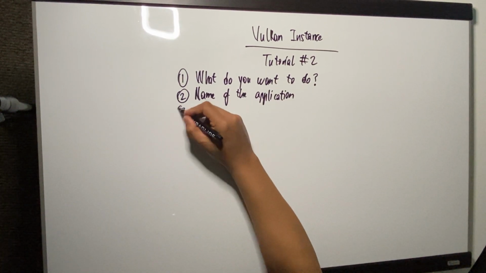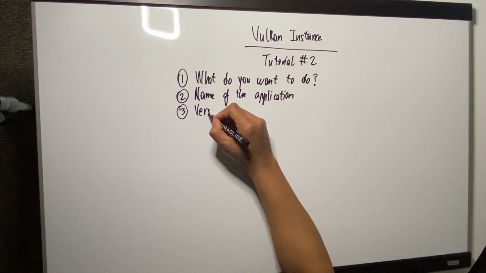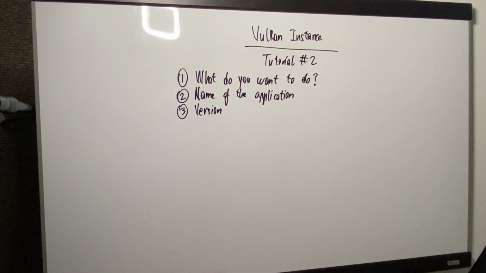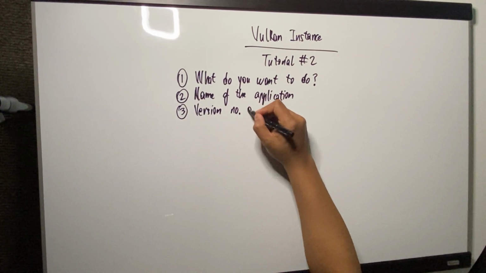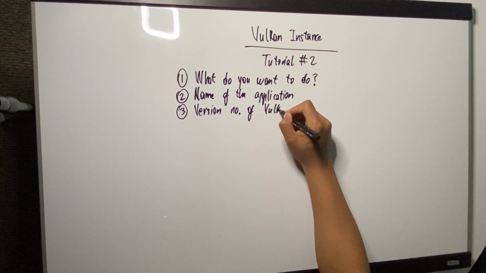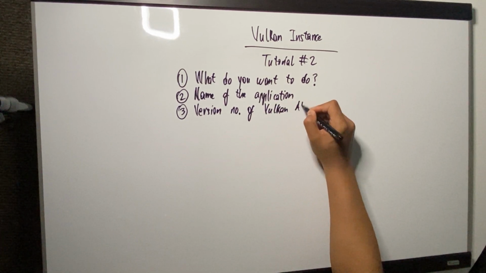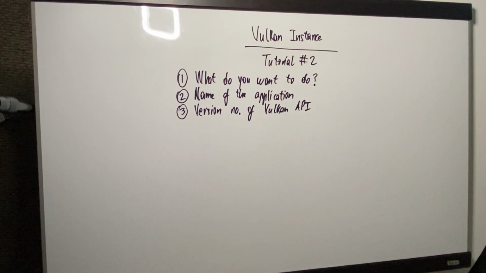Number 3, very important, version number of Vulkan API. All right? Very important. There are updates to the Vulkan API fairly frequently.